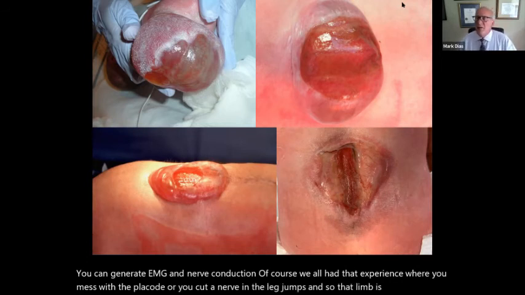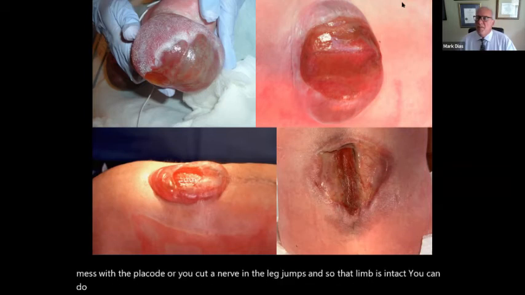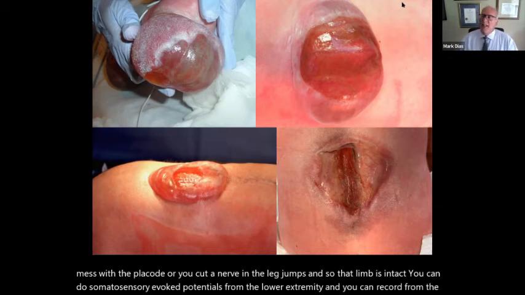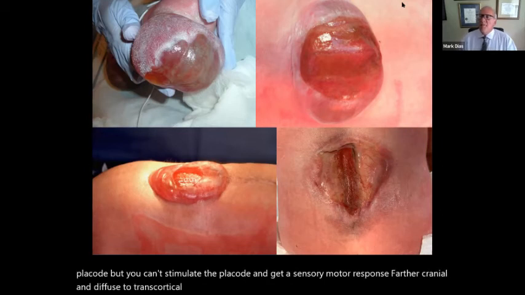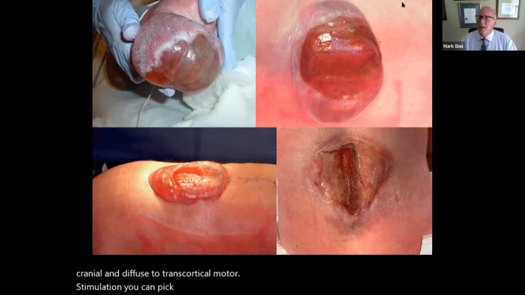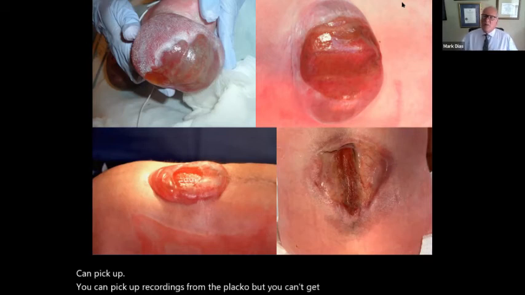You can do somatosensory evoked potentials from the lower extremity, and you can record from the placode. But you can't stimulate the placode and get a sensory motor response farther cranial. And if you do transcortical motor stimulation, you can pick up recordings from the placode, but you can't get any further response farther down.